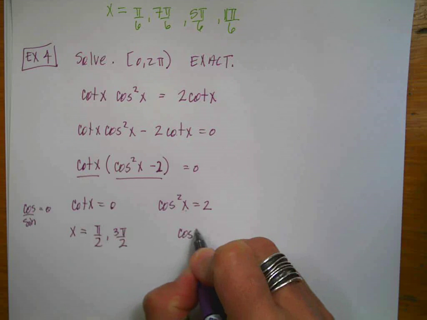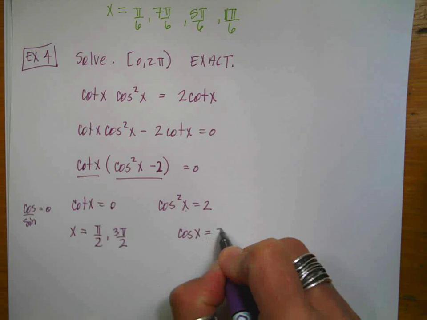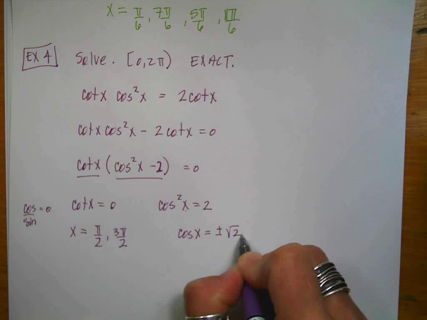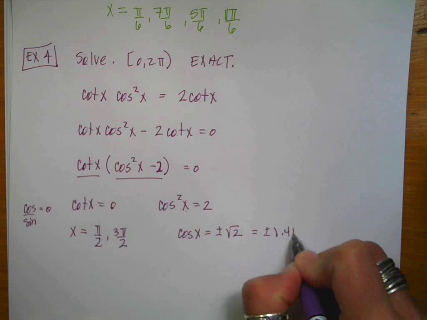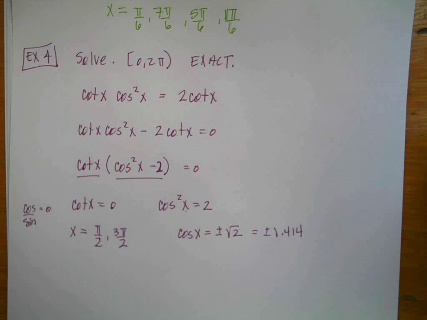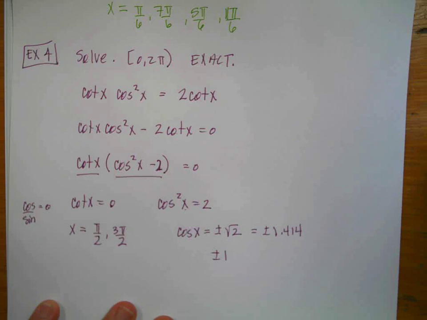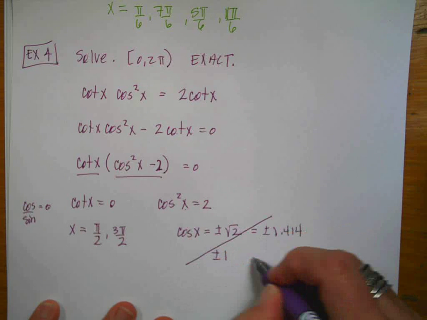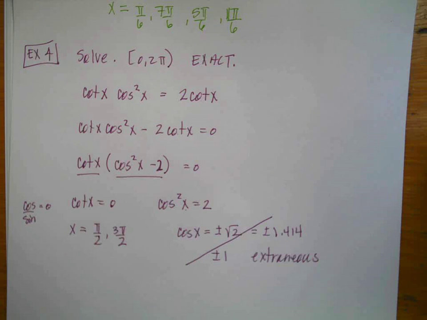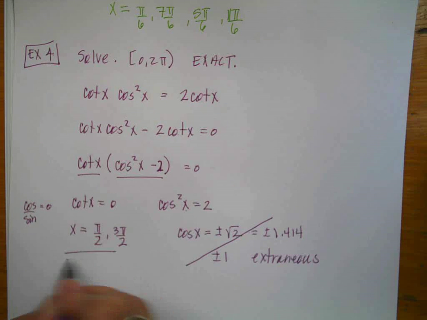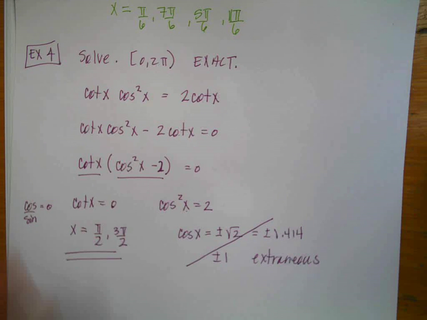If I solve this one, I'm going to get cosine x is equal to plus or minus the square root of 2, which is plus or minus 1.414. If you'll remember, cosine oscillates between plus or minus 1, therefore this one is extraneous, because it doesn't create a solution, because it's outside of the range for cosine, so then these would be my two solutions.